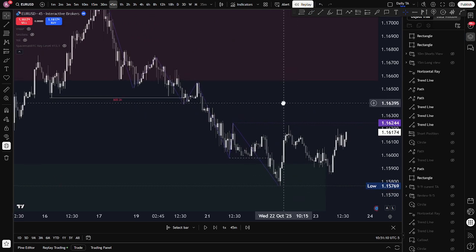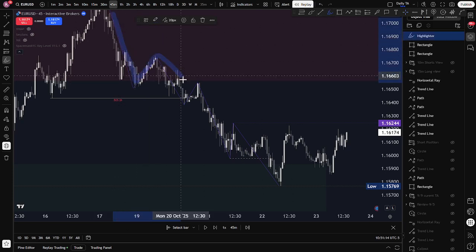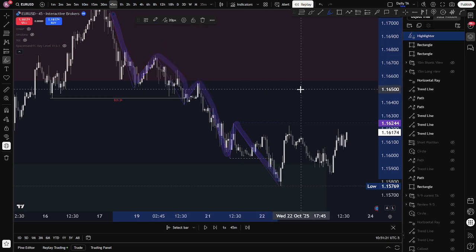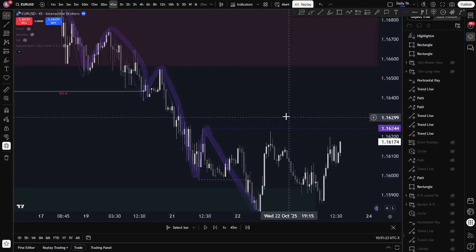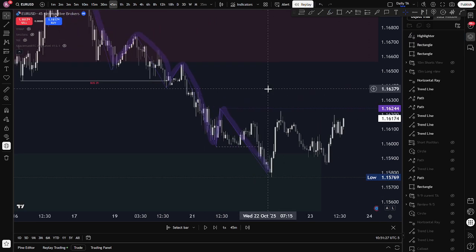And this is 45 minute. 45 minute was the highest that we had. So I'll just highlight this just so you can see it as well. So that's all 45 minute. Now, if we zoom down a little bit more, this is still the swing pull coming down.